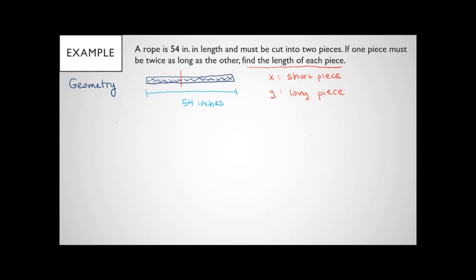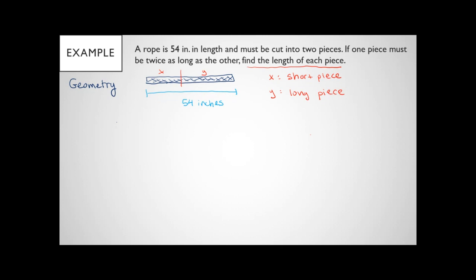So I've read through the problem, I drew a picture, I'm starting to pick out the information, but I haven't created my equation yet. I'm still going through the reading process and trying to figure out what I have. So I picked my X and Y, so I'm going to just label those on the short piece and the long piece. And I'm going to go back and read the problem again.